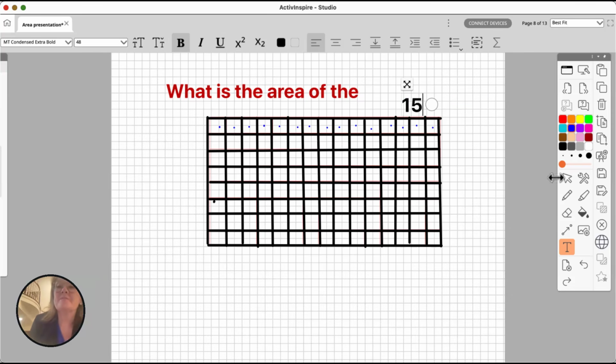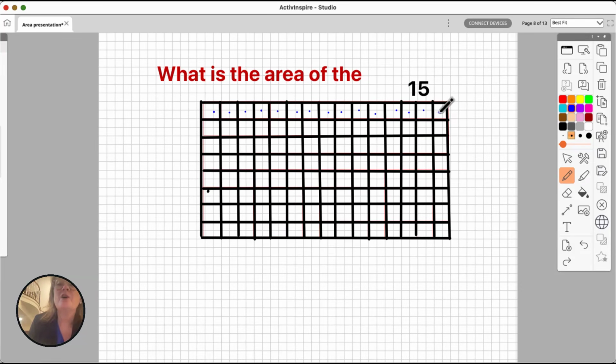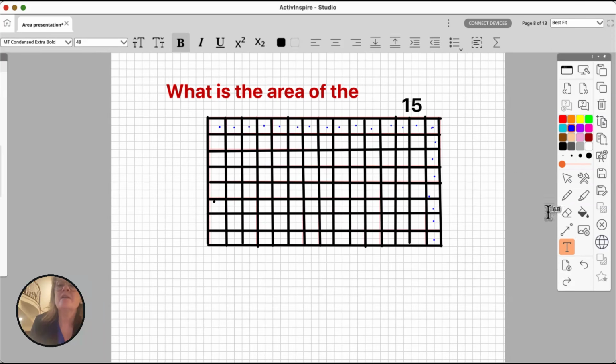And across the side, let's count what we have. 1, 2, 3, 4, 5, 6, 7, 8. All right, we have 15 and 8. So what would our multiplication problem be? It would be 15 times, actually, let's write it 8 times 15 equals, because we have 8 rows of 15.